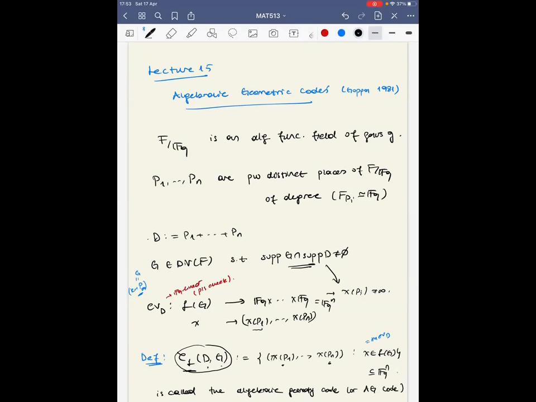So if the evaluation belongs to the kernel, for instance, if f evaluated at P_1 is equal to zero, that means by the definition of the evaluation, if we have zero coordinates, the function is supposed to have a zero at the given place P_1.